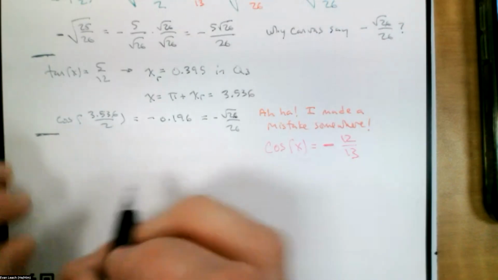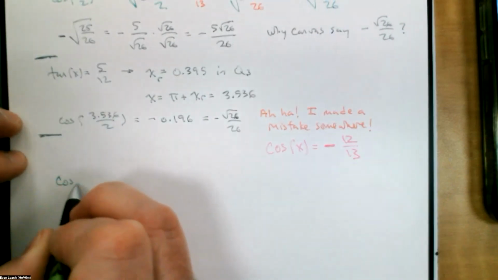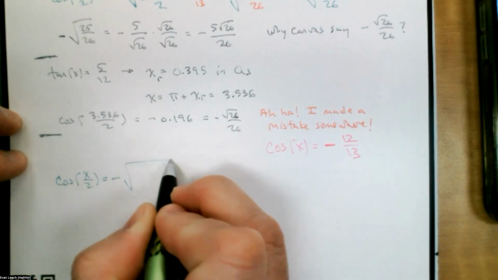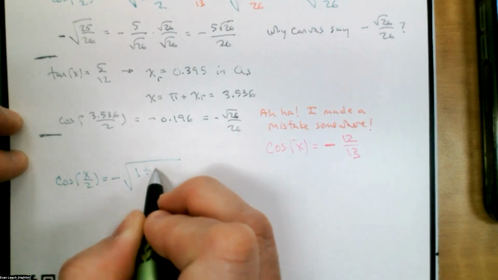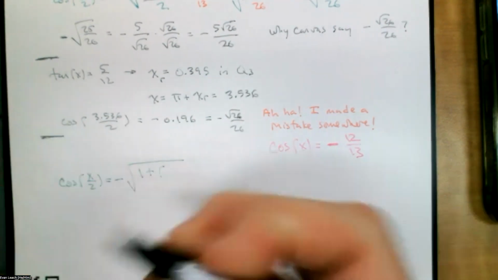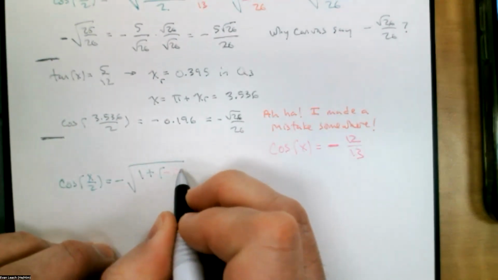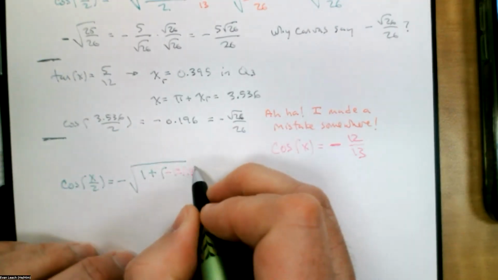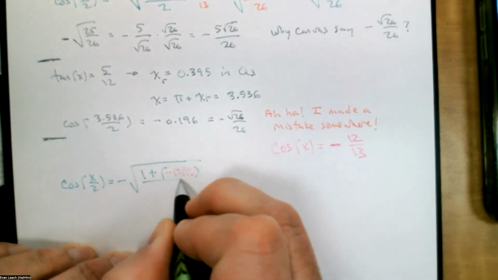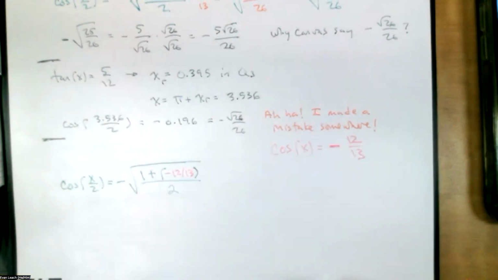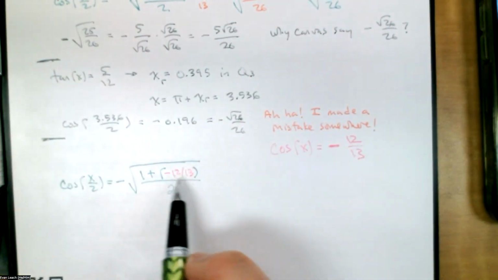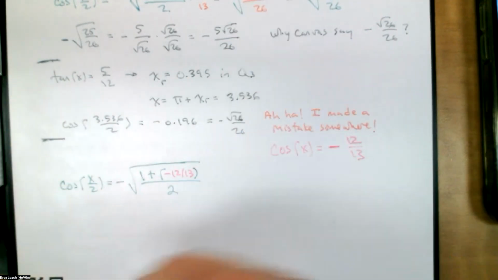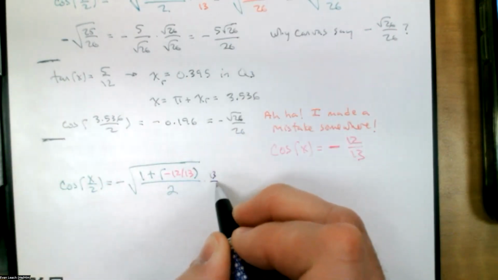So when we have cosine of x over 2, I want negative square root of 1 plus negative 12/13, all over 2. And now that I have 1 plus a negative 12 13ths, my numerator, I'm still going to multiply by 13 over 13.